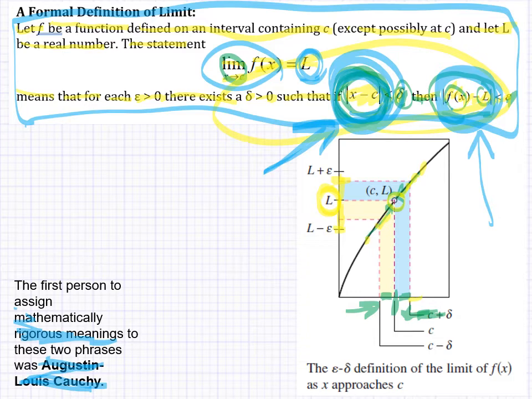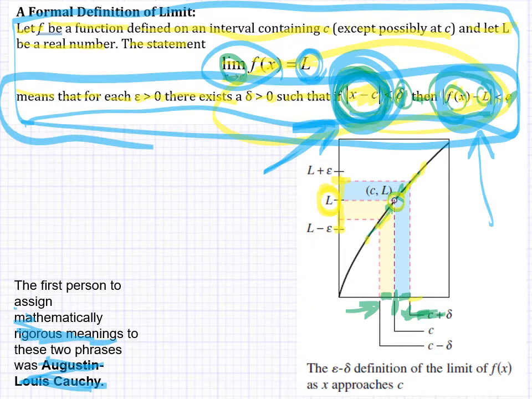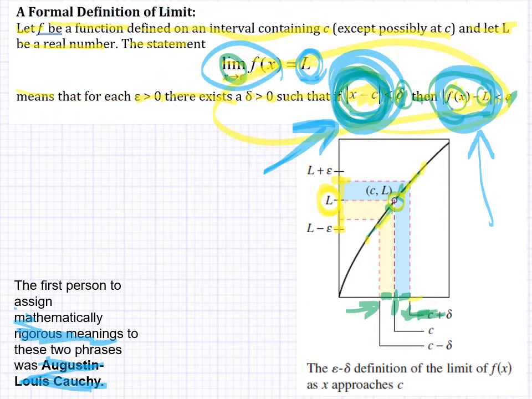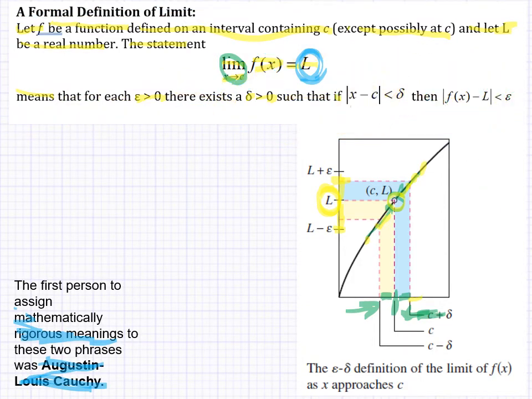Right now, all I need you to be able to do is to understand how this statement right here, which says again, here, I'll erase all this, which says again that this limiting statement, when we say that the limit as x approaches c of f of x equals L, what it means is that for each epsilon greater than 0, there exists a delta greater than 0 such that if the absolute value of x minus c is less than delta, then the absolute value of f of x minus L is less than epsilon.